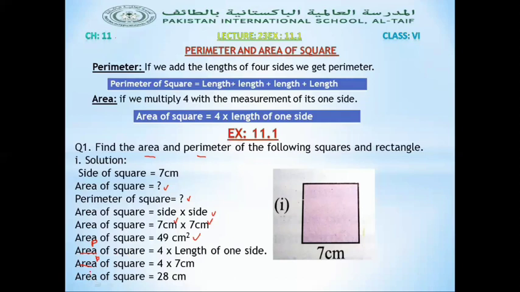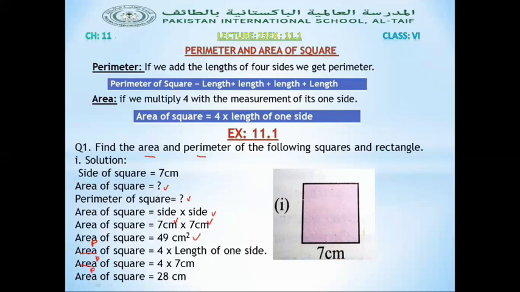Perimeter means the measurement of the total boundary around the square. Perimeter of a square is equal to 4 multiplied by the length of one side. 4 remains the same. The length of one side is mentioned in the given figure, that is 7 centimeters.